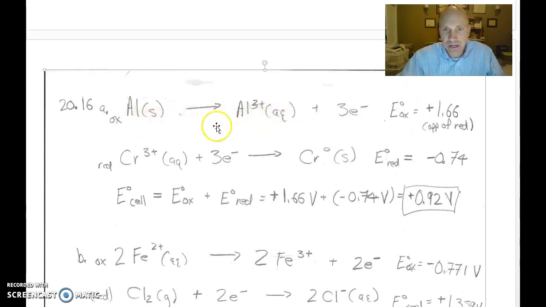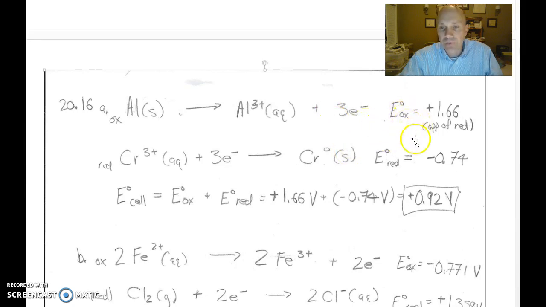Hopefully you can break that apart into 2 separate half reactions. This would be the oxidation half reaction. Here's the reduction. What we want to do is give the standard oxidation potential and the standard hydrogen electrode reduction potential for those 2 different half reactions.